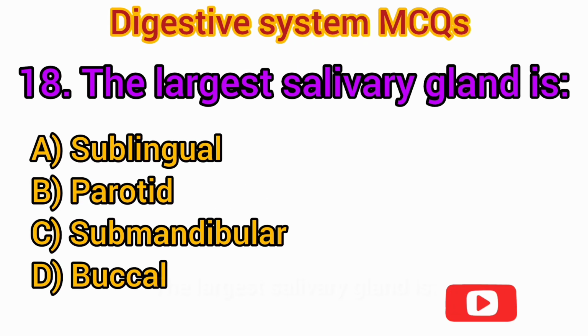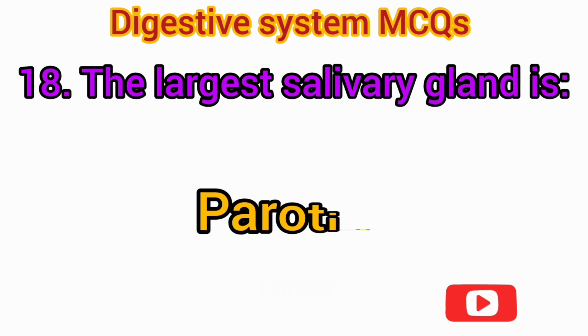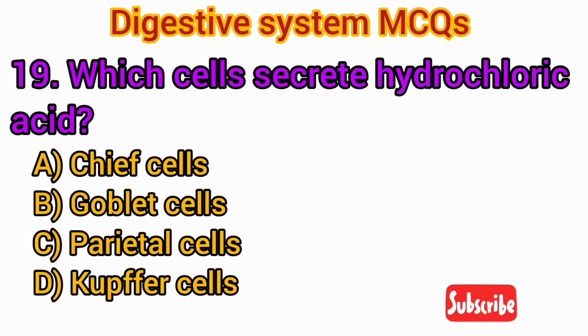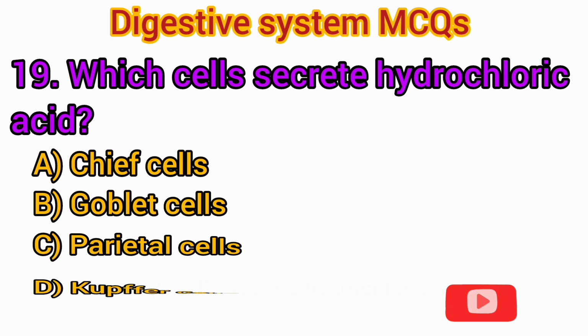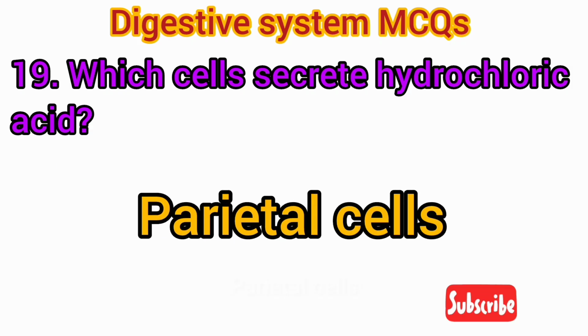The largest salivary gland is... parotid. Which cells secrete hydrochloric acid? Parietal cells.